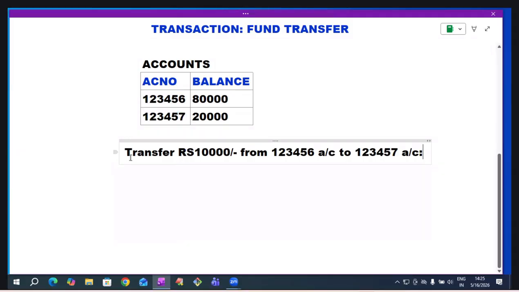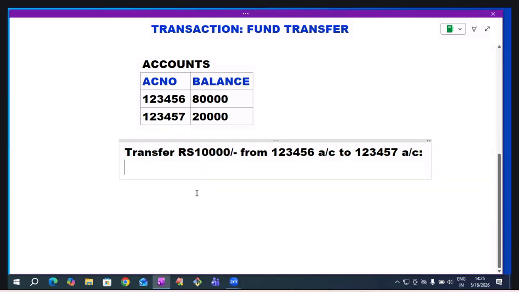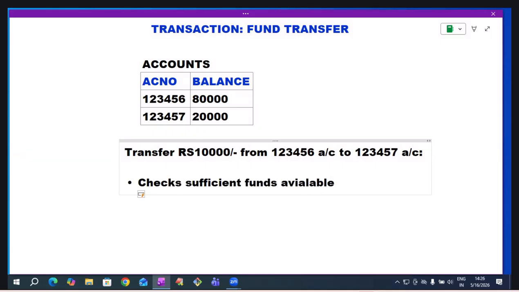Now, when we are performing this transaction through the PhonePe software, internally what happens? First, it checks whether sufficient funds are available or not. For this, internally, select command will be executed.